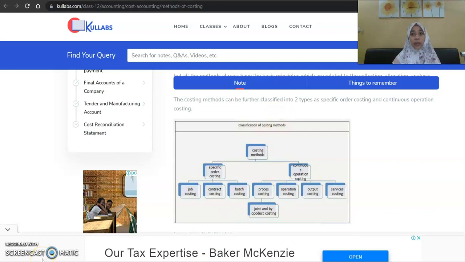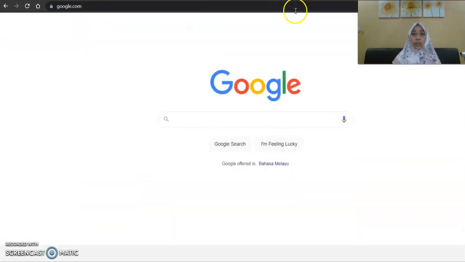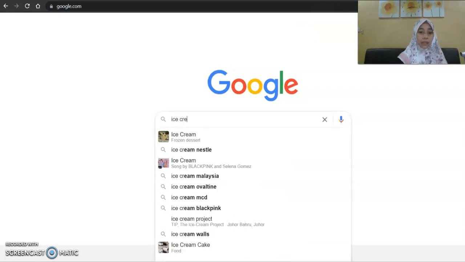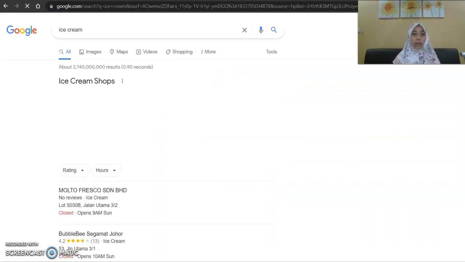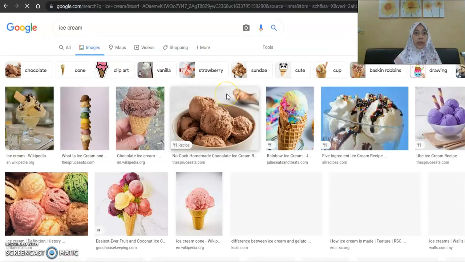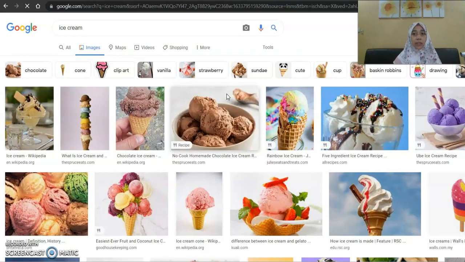What type of product do you think undergoes this kind of continuous operation costing? Let's take, for example, if you are doing a production of ice cream, just name any brand.